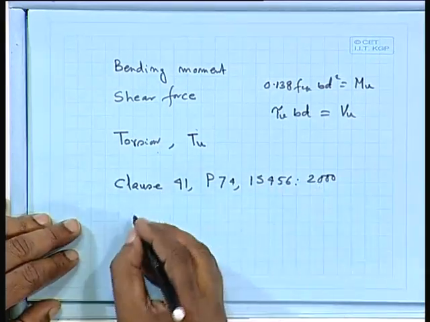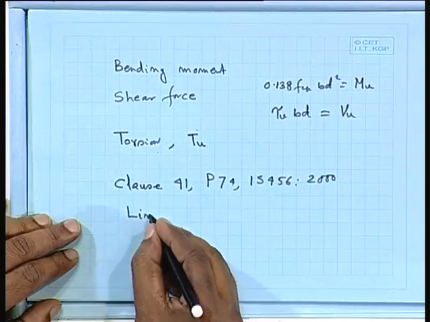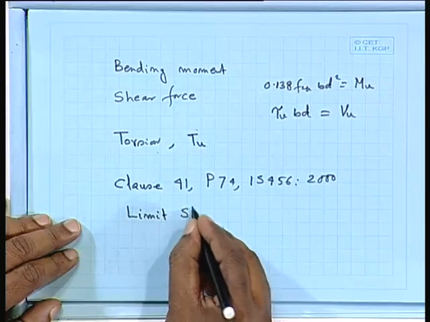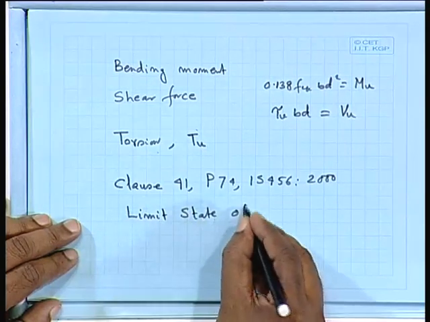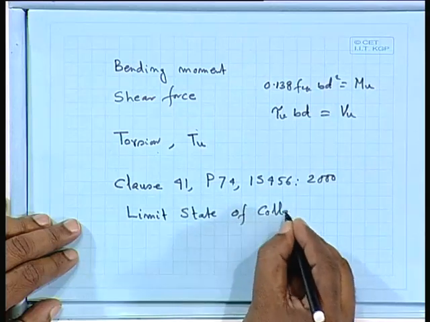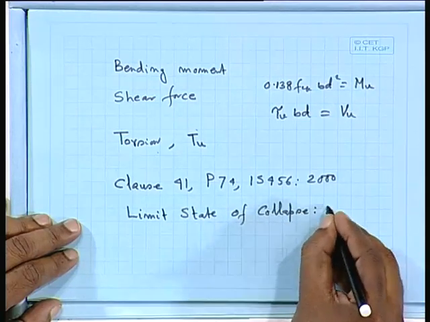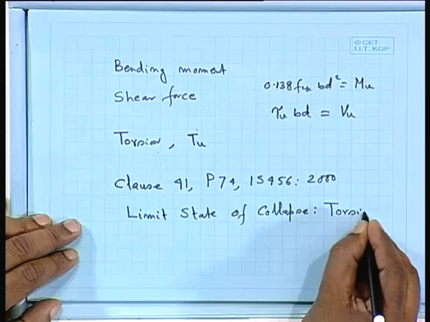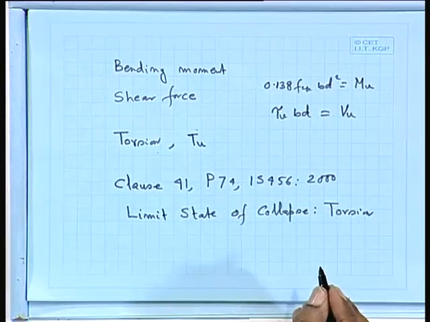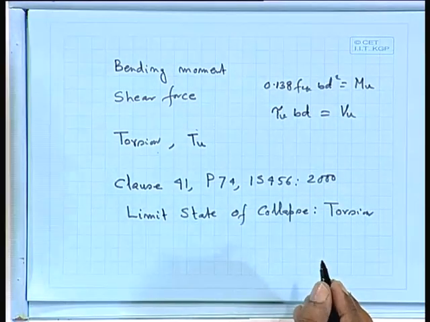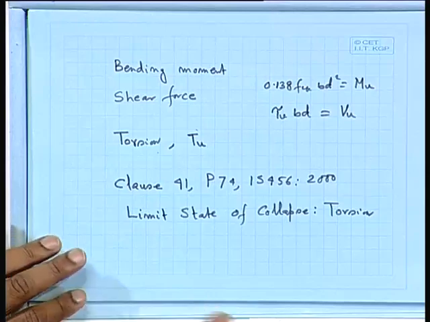So this is your clause for limit state of collapse, and that is torsion. Okay. So we shall do this particular one here. So what is our objective then?